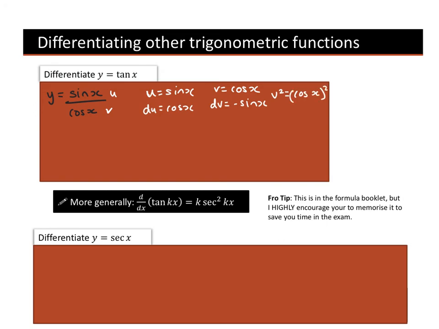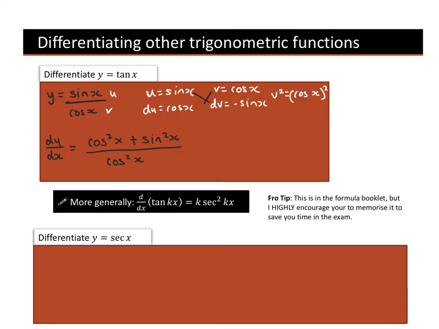Okay? And then we're going to differentiate. V du, cos squared x, minus u dv, which is minus sine squared x, so that's plus sine squared x, over cos squared x.